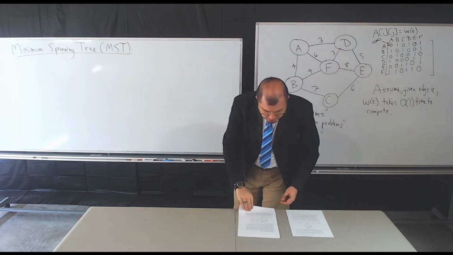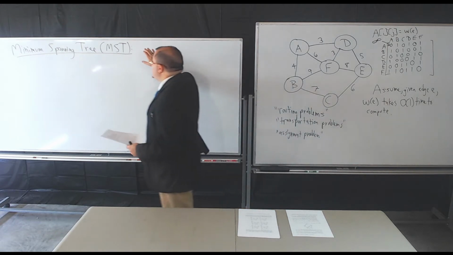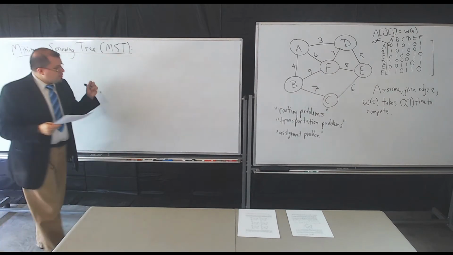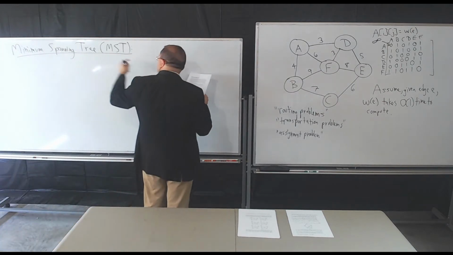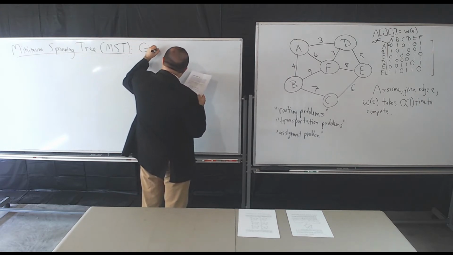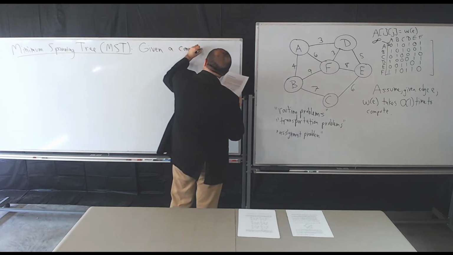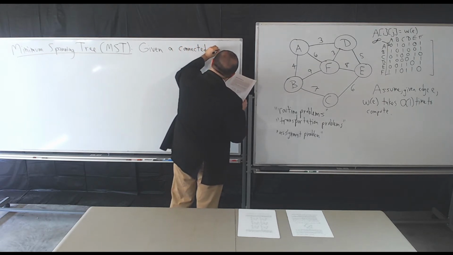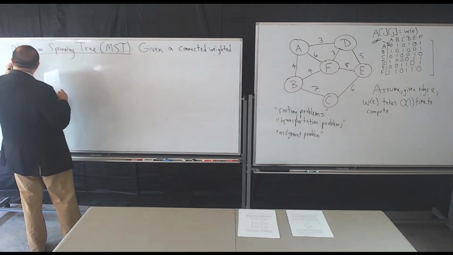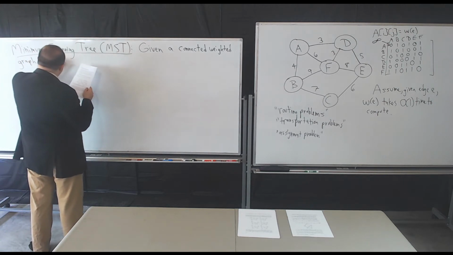So, that being said, I want to define something here. So, we know what a spanning tree is. What I want to do is talk about a so-called minimum spanning tree, which we can now define on a weighted graph. Given a connected weighted graph G equals (V, E).